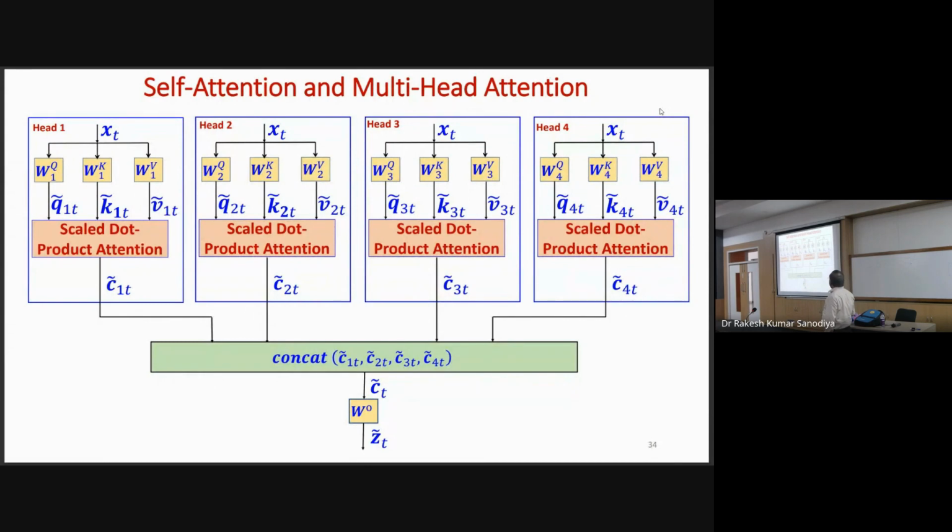As you can see, there are multiple heads here. I take the same XT and pass it through these multiple heads, and each of them generates a context vector. I put all of them together to generate the overall context vector, and then perform one more linear transformation, which will generate the final representation of this XT in the form of this Z.